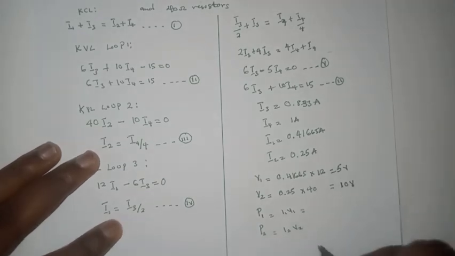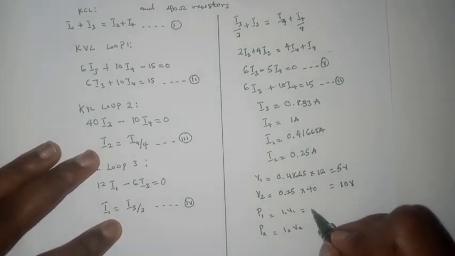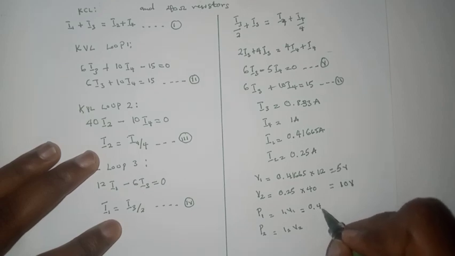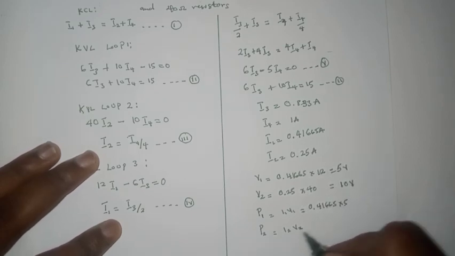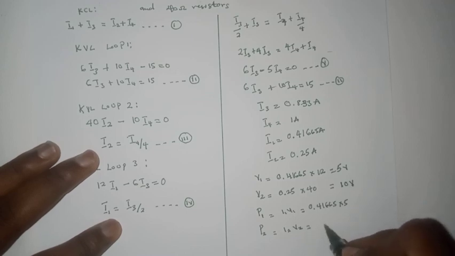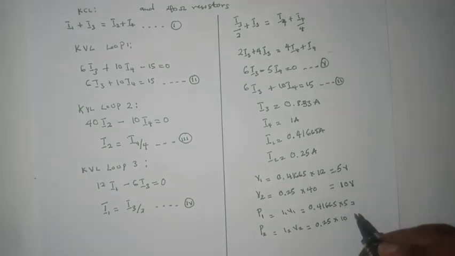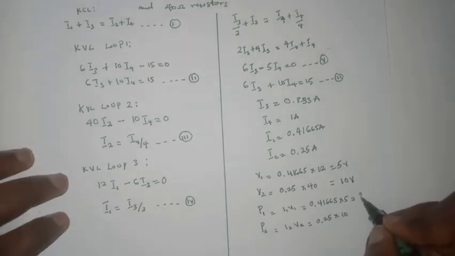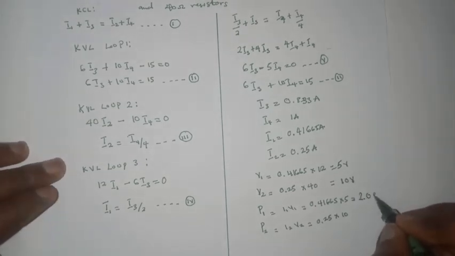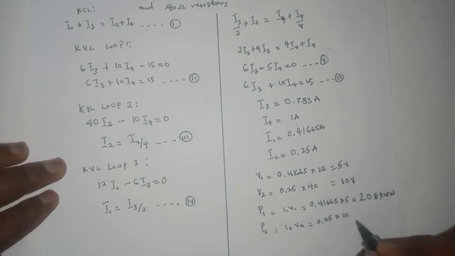That would mean 0.41665 times 5 and 0.25 times 10. We arrive at 2.08325 watts and 2.5 watts.